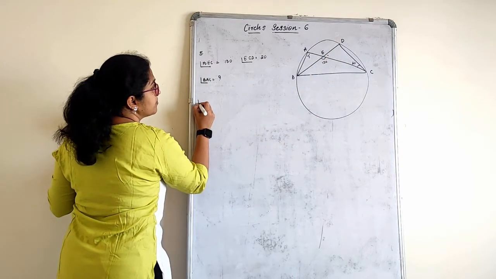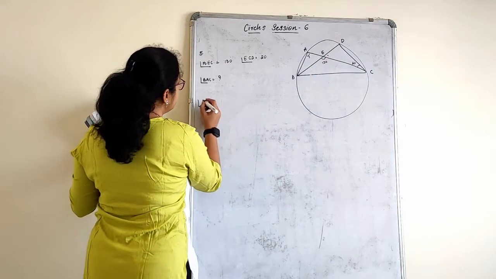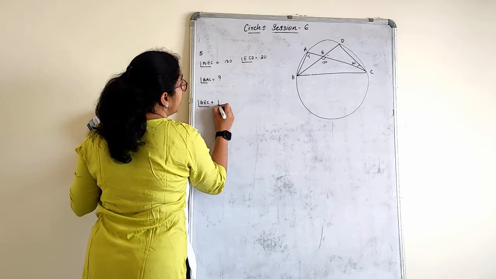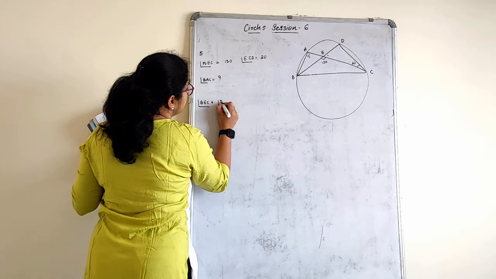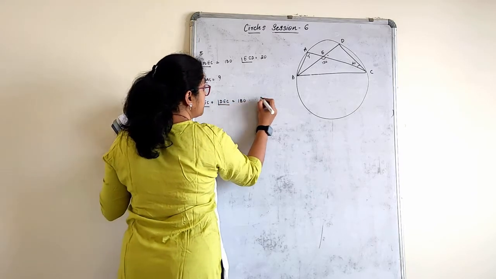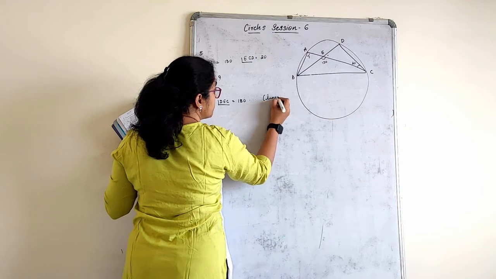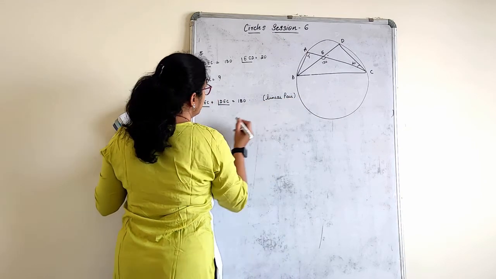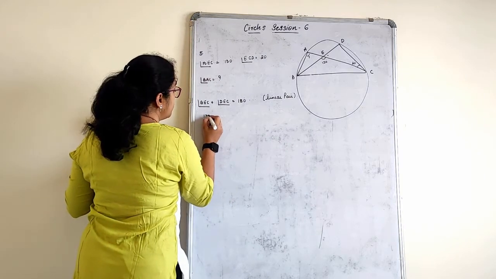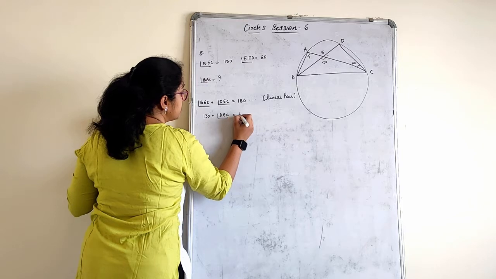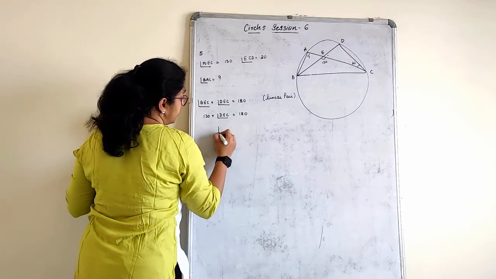We'll start. Angle BEC plus angle DEC is equal to 180. Linear pair. So BEC is 130, plus DEC, which we have to find.